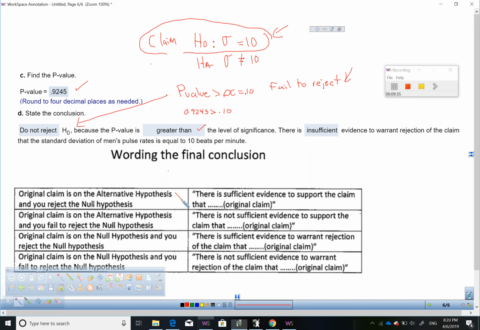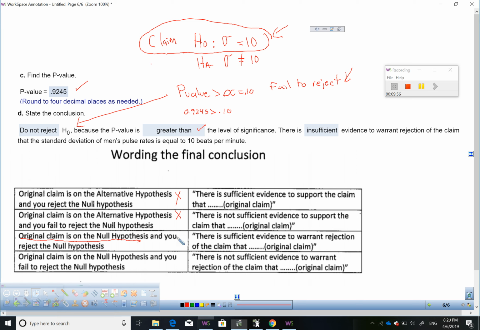That's not the case in this situation. The claim is on the null hypothesis for our problem here. That's correct, that is our situation.